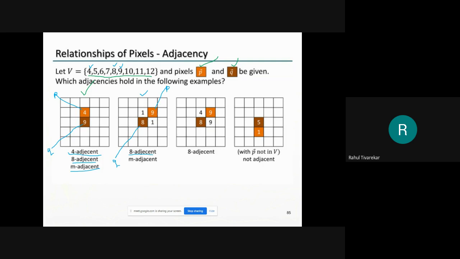But do they have any common element which is part of V? The common 4-neighbor is 1, and that 1 is not part of V. As you can see here, 1 is not part of V, and hence even if they have a common 4-neighbor, that neighbor is not part of V, and hence these are M-adjacent.